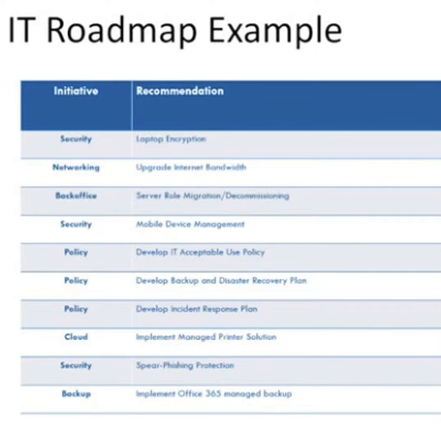And once you've got a good workstation lifecycle replacement plan in place, and we recommend replacing laptops every 3 to 4 years, desktops every 4 to 5 years, so you're basically replacing a third to a quarter to 20% of your computer equipment every year.